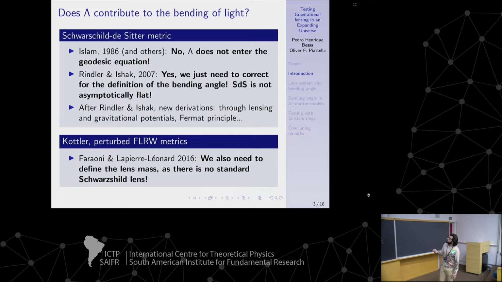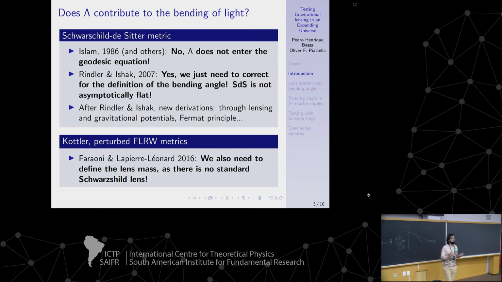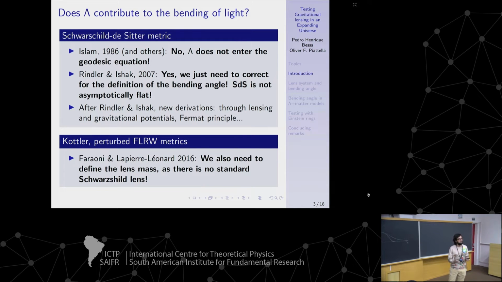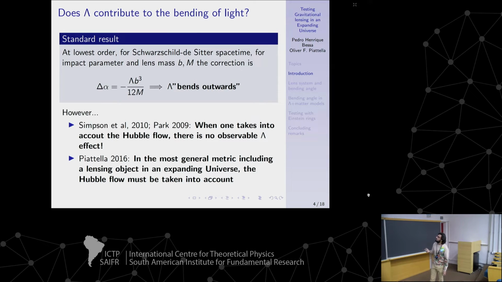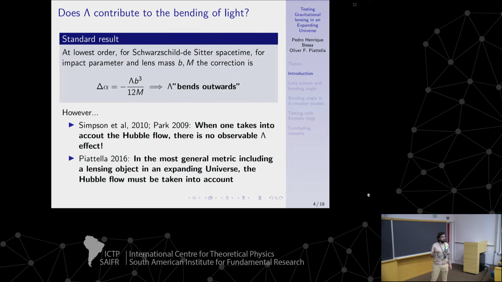And also the paradigm was shifted a little bit from using purely a Schwarzschild metric to calculate the bending angle to using a McVittie metric or Schwarzschild de Sitter metric to model it, right? And calculate the probable effects that should arise from this correction. However, the correction derived by Rindler and Ishak shows that the correction should be negative.